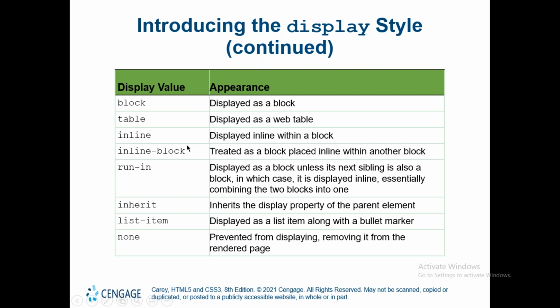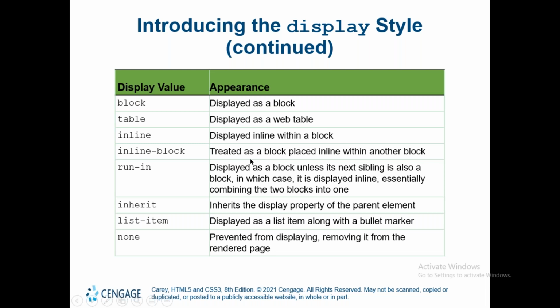But some of the interesting things to note here. So block does kind of what you would think it would do. It displays things as a block, so it's separated out or cordoned off, singled out from any other groupings of content or text around it. A table would display as a web table. Inline means it's inline within a block.